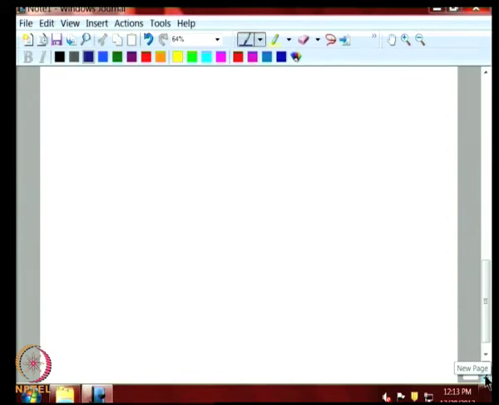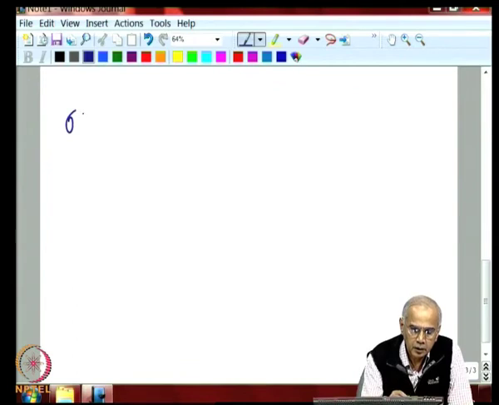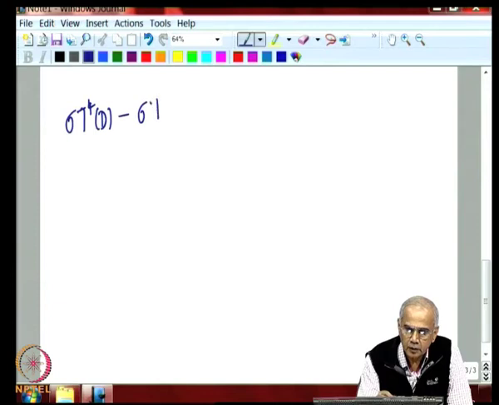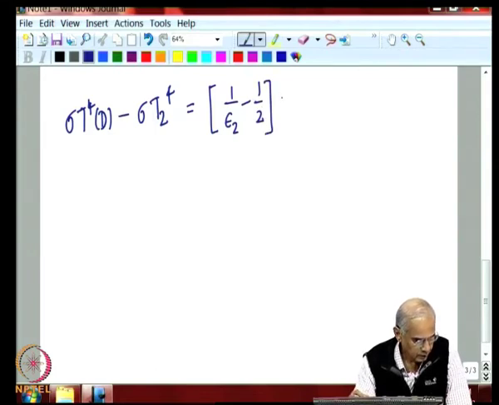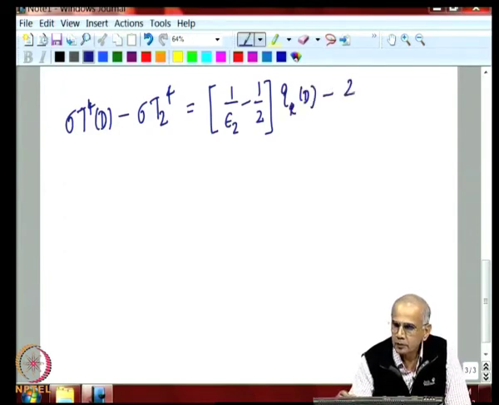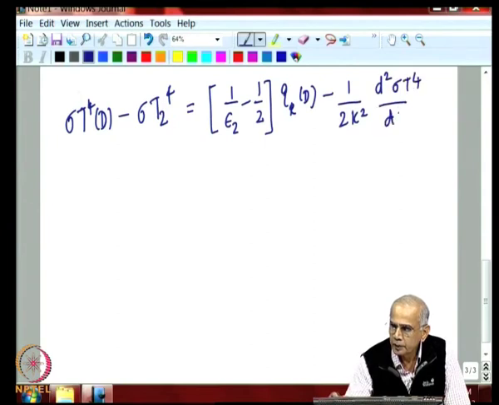which is that sigma T to the power of 4 at the top surface minus sigma wall temperature has to be equal to (1 over the emissivity of the top wall minus half) times QR at the top wall minus 1 by 2k squared d squared sigma T to the power of 4 d z squared.